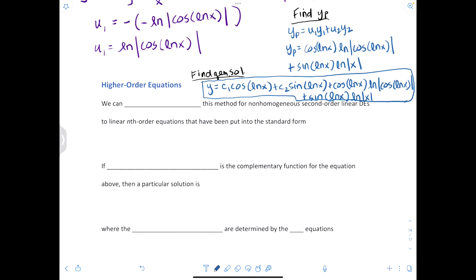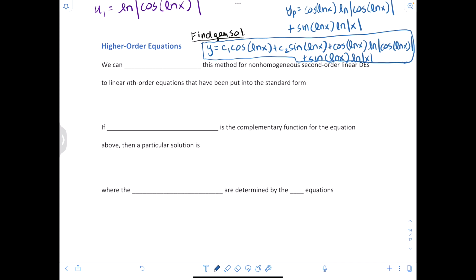All right, higher order equations, and this is it. Just a little bit of background and then an example, and then we're done.